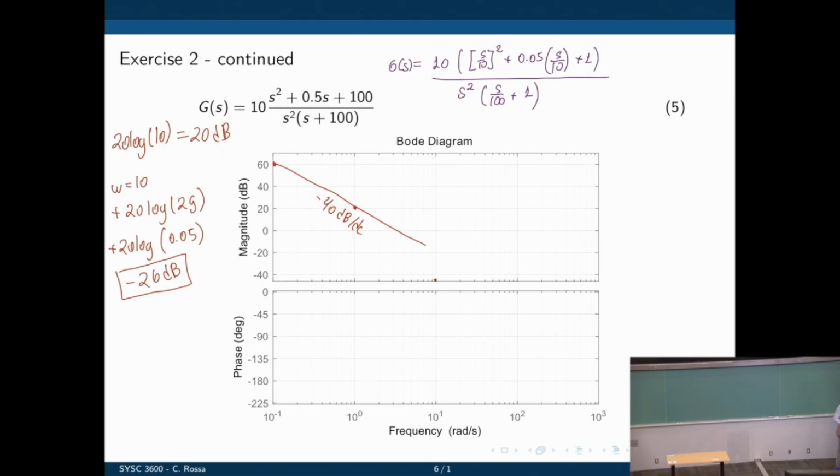So the complex zero will make this go down. This is a terrible approximation here, but it should be a smooth curve that goes down there, because we would be at negative 20 if it wasn't for the complex zero. So you're going down here by negative 26. Negative 20 minus 26 is negative 46.